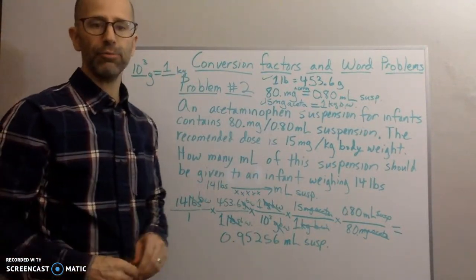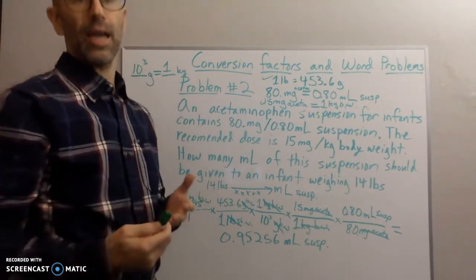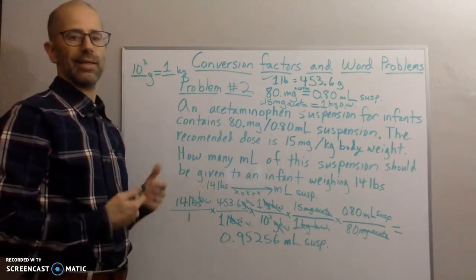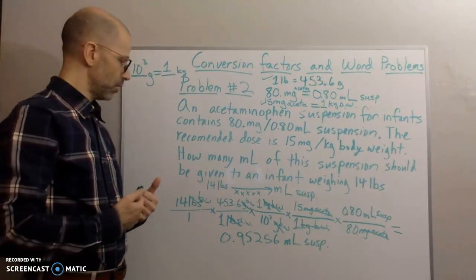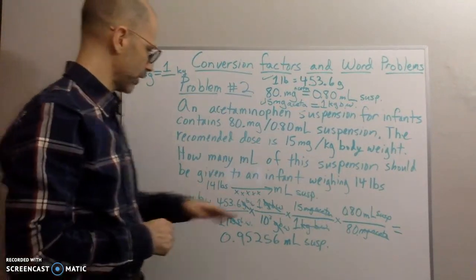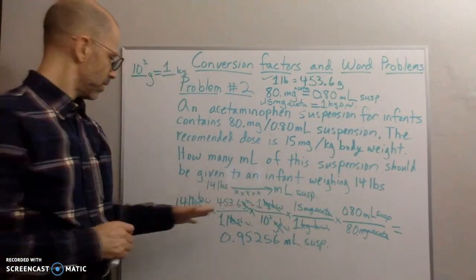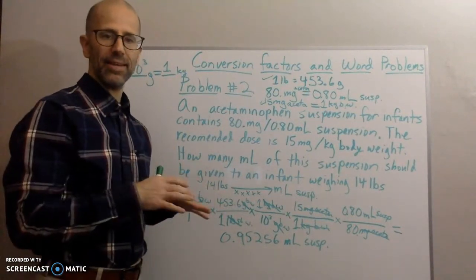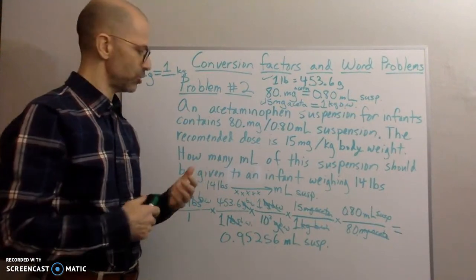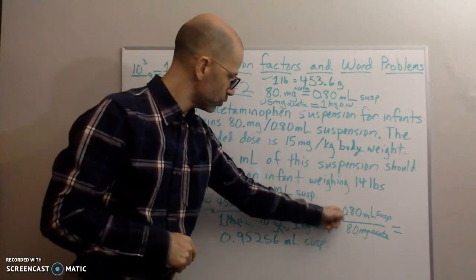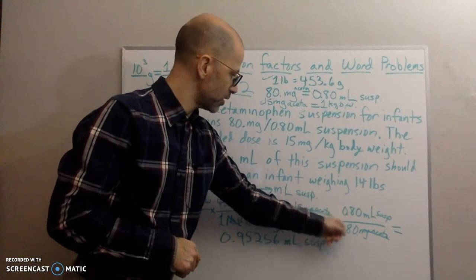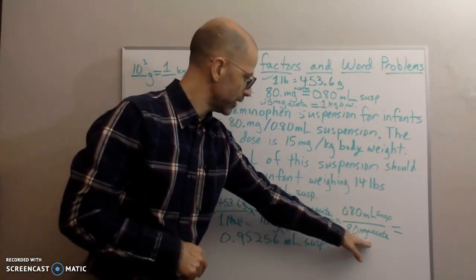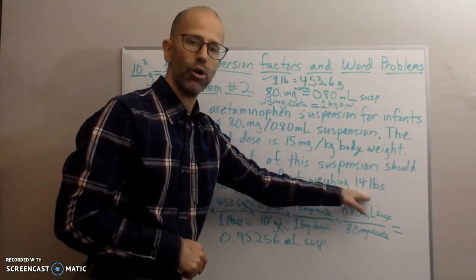So now I have to figure out how many of those digits I am allowed to keep. I look at what I have multiplied and divided by, and I want to get rid of anything that is exact and keep the measures. This was given to us as a measure, because we're relating mass to volume.